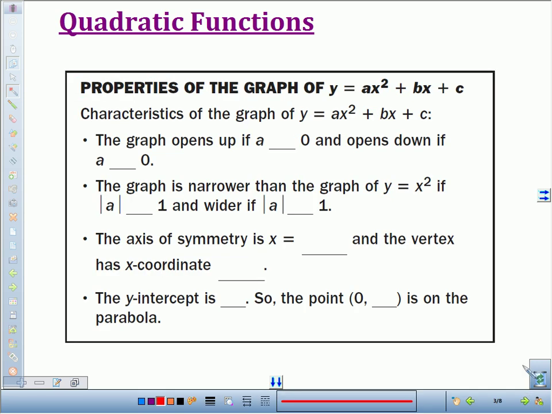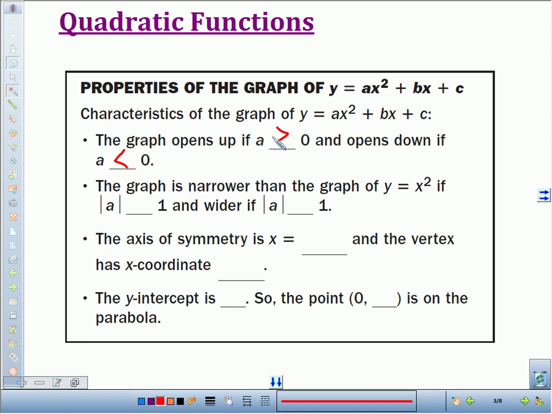Alright, so let's look at some properties of a graph in standard form. If we have y equals ax squared plus bx plus c, the graph opens upwards if a is greater than 0. It opens downwards if a is less than 0.